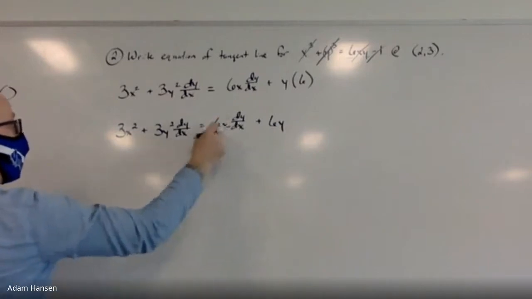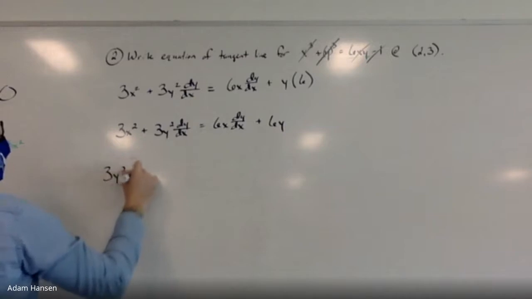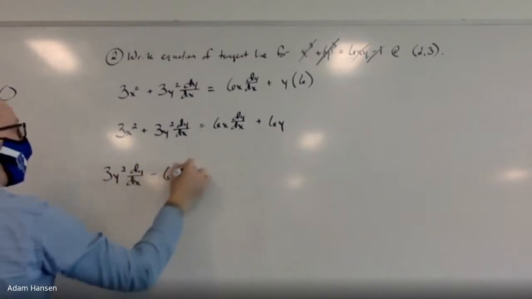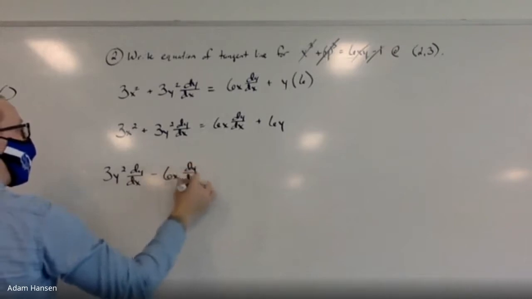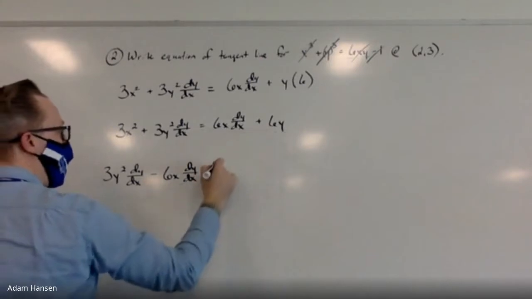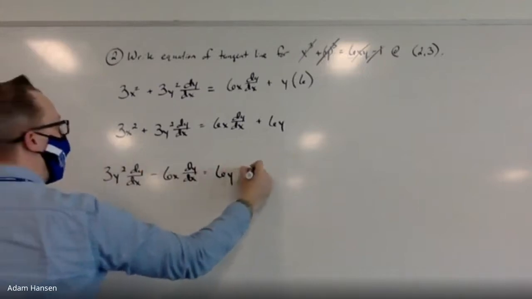So let's move this over. 3y squared dy/dx minus 6x dy/dx equals, I still have the 6y over here on the right, but you said I need to subtract the 3x squared? Yeah. All right, sounds good.